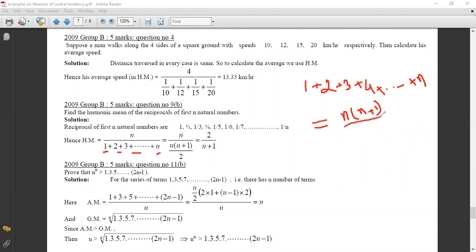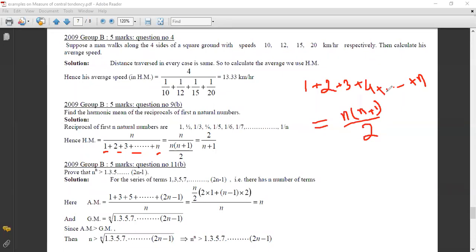This is a special formula. This is a special type of summation or addition. It is a systematic standard pattern. That is the addition up to first n natural numbers. The addition of first n natural numbers, and it is 1 plus 2 plus 3 plus 4.